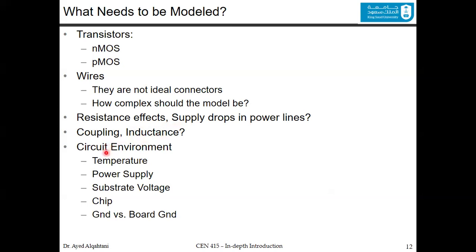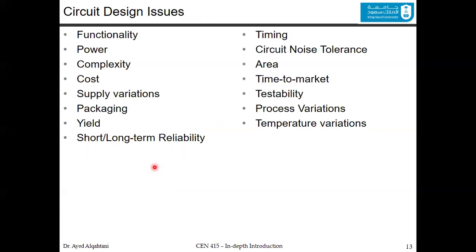Also, we will check what's affecting this circuit from the outside world, which is basically the environment, such as the temperature, the power supply, and other aspects as well. So there are a lot of subjects that we need to model, and we will see this once we reach a certain chapter. When we discuss something, we first need to model it correctly, and then we will jump into the detail and how to make the design better.